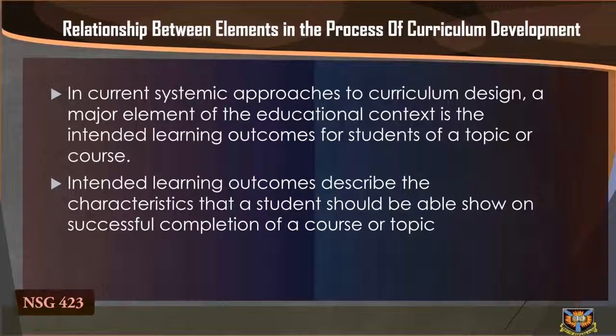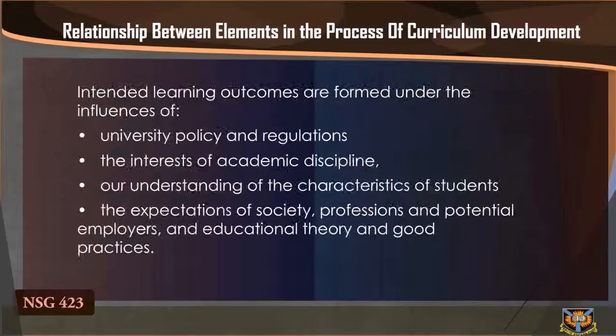Intended learning outcomes should describe the characteristics that a student should be able to show on successful completion of a course or topic. Assessment gauges the extent of student achievement of the intended outcomes. Learning interaction and content should help to build towards student achievement of those outcomes.